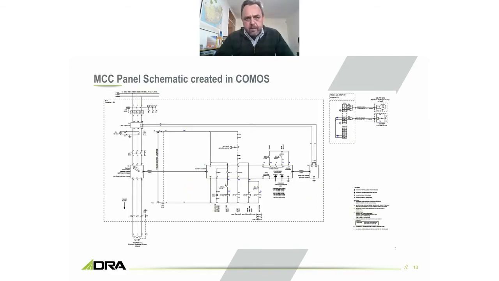This is a schematic I've just taken from one of our projects that we're busy with at the moment. Again, the power of these tools is that the information is live. If the size of this motor had to change, the schematic would get updated automatically. If I change the cable data, the schematic would be updated.